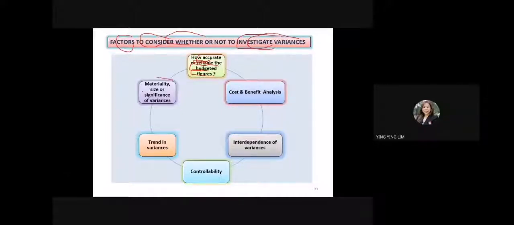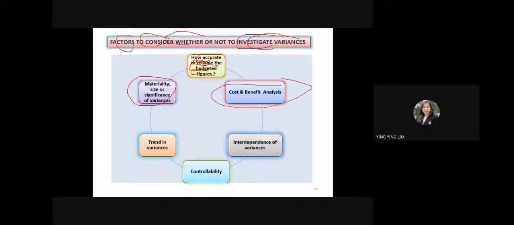Another factor you should consider is the materiality, the significance of the variances. Materiality means that the company needs to set a percentage, and only then will we investigate the variances. So it depends on the company, how many percent they set there.